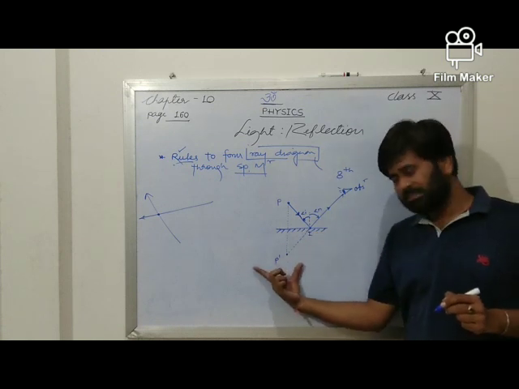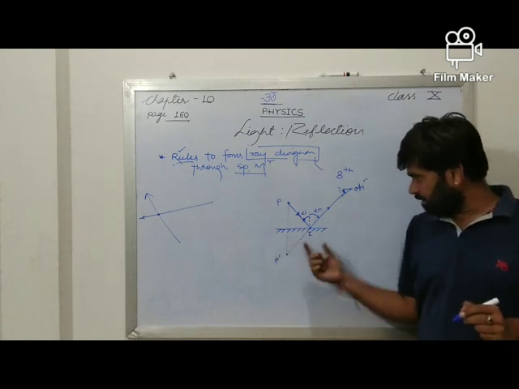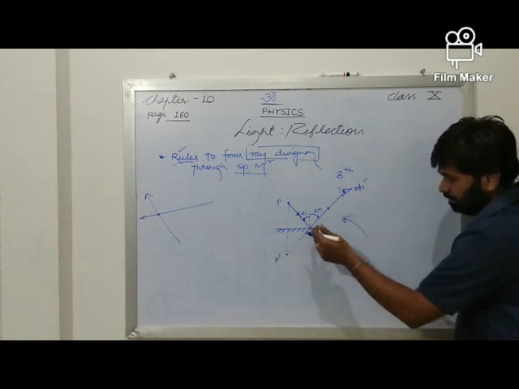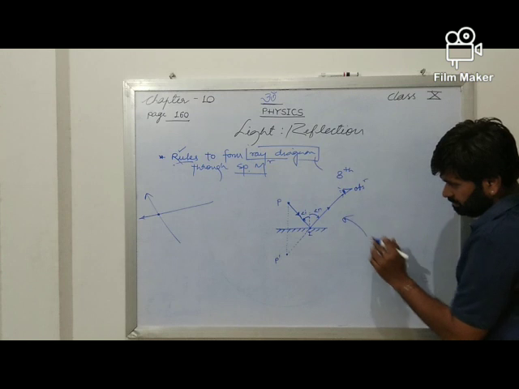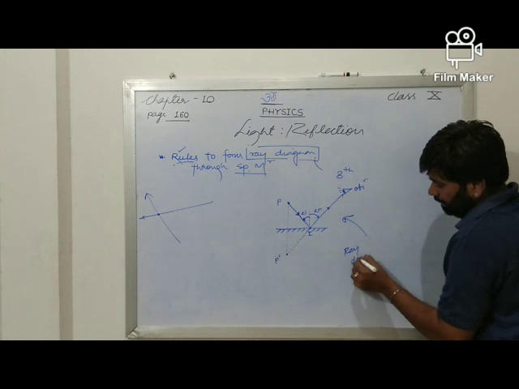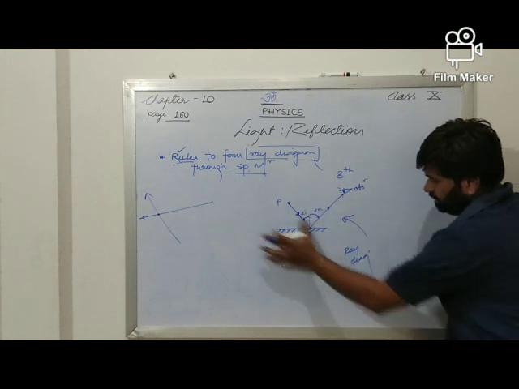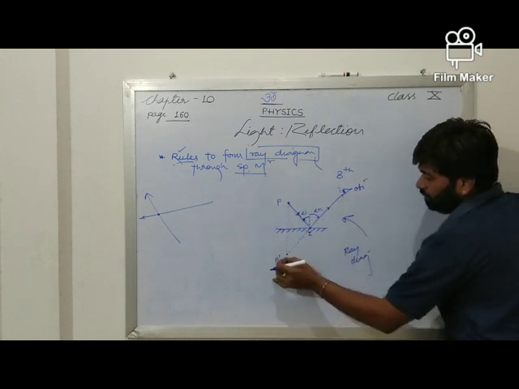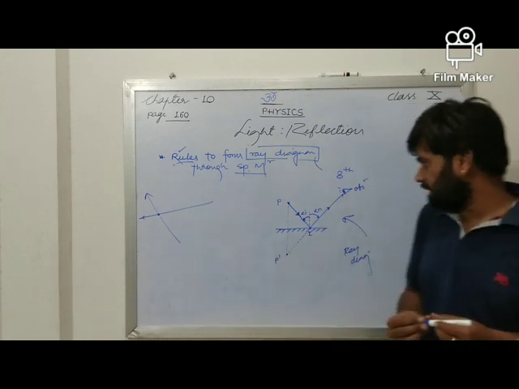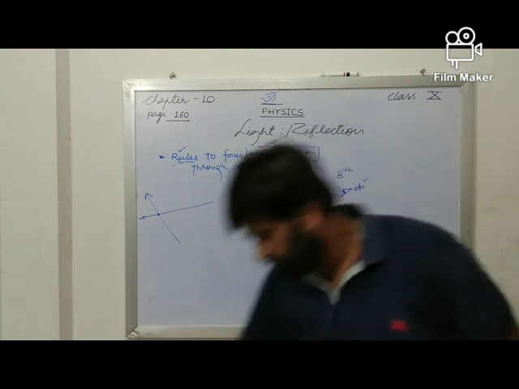This is the very simple case which I have taken here. Although it is a plane mirror, such type of diagram is known as a ray diagram. Ray diagram means through rays we are making a diagram and forming an image at a particular point. So these are nothing but how we can form the image.